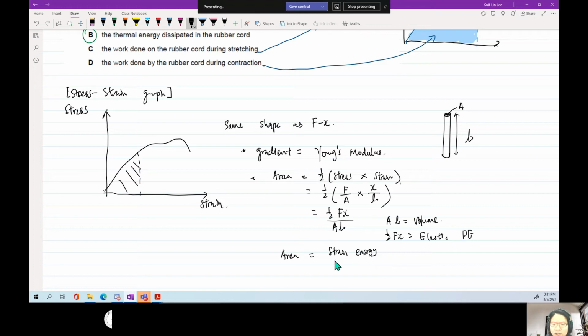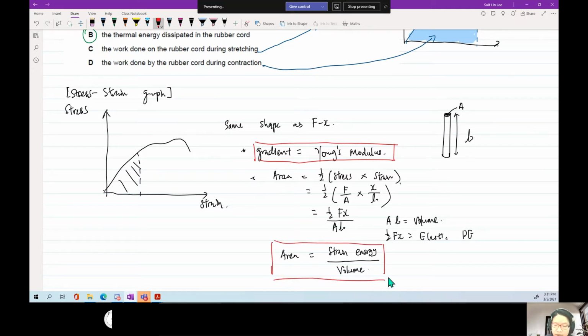They call it strain energy because the material is being stretched, per unit volume. So these are the only difference. Gradient is Young modulus for this. The area is this one. I think there was once the paper 2 asked you to prove it, but otherwise everything feels relatively okay.